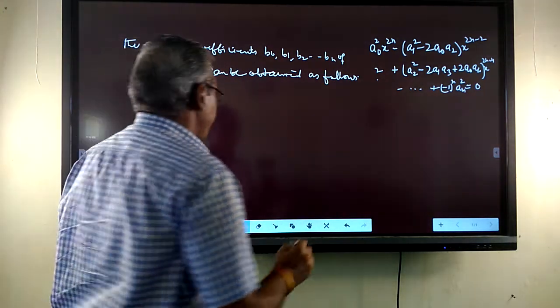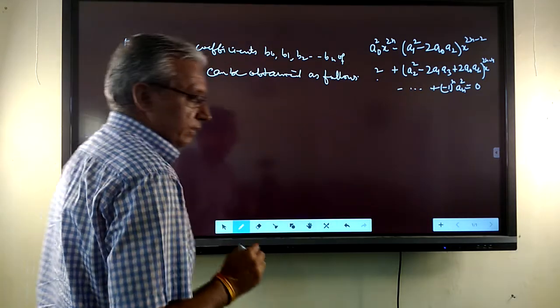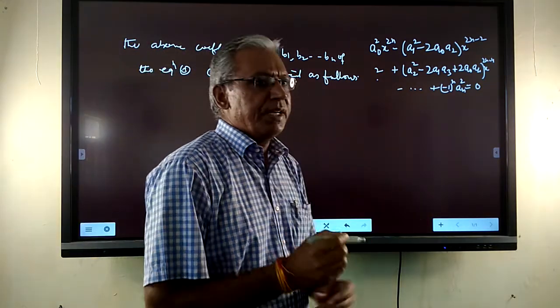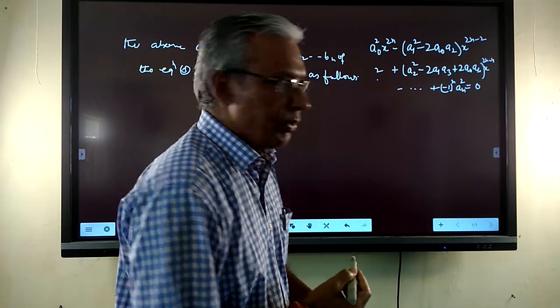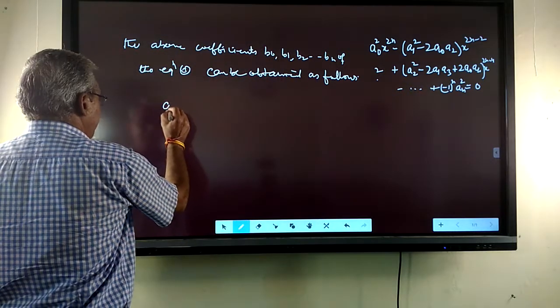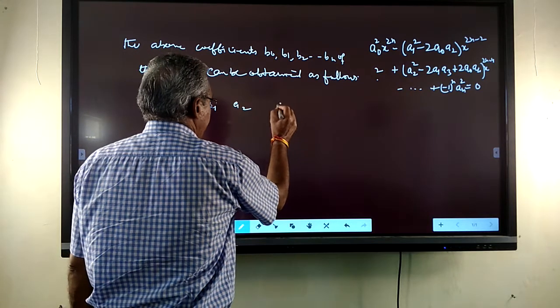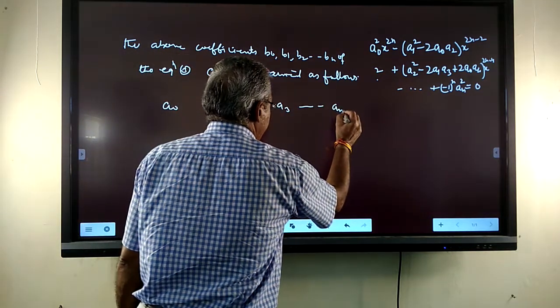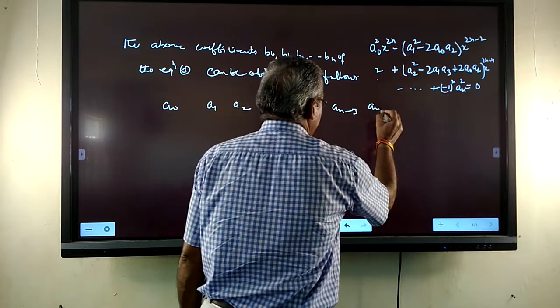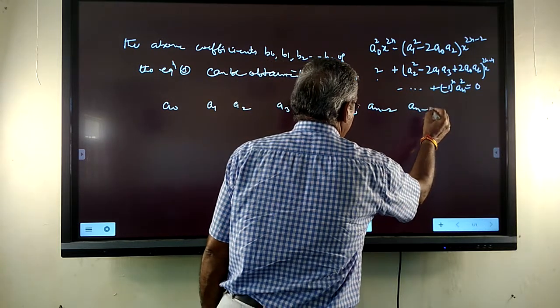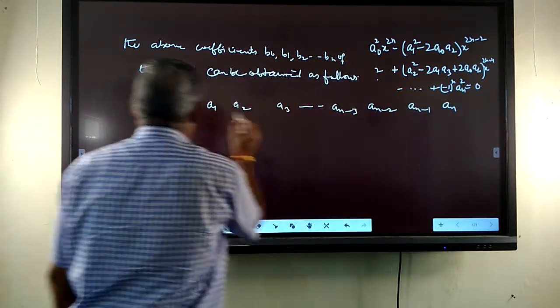First of all, we write all the coefficients of the given polynomial in the first row. Here these coefficients are a0, a1, a2, a3 and so on, a(n-3), a(n-2), a(n-1), an.